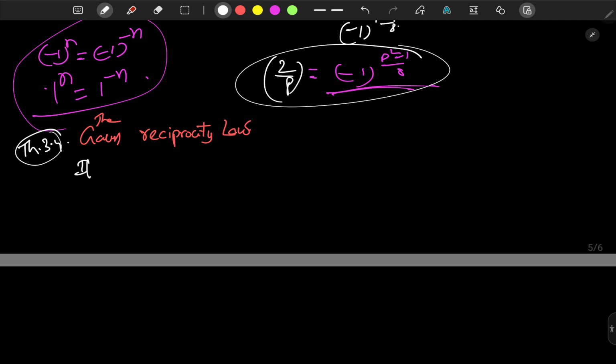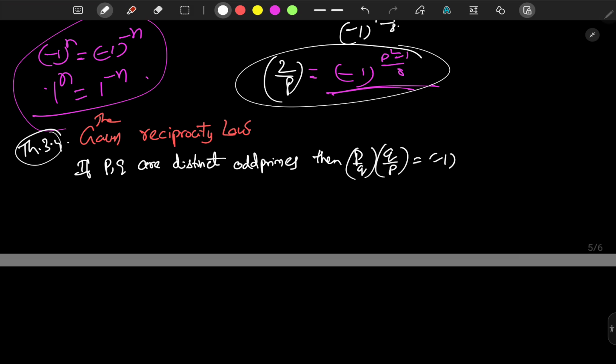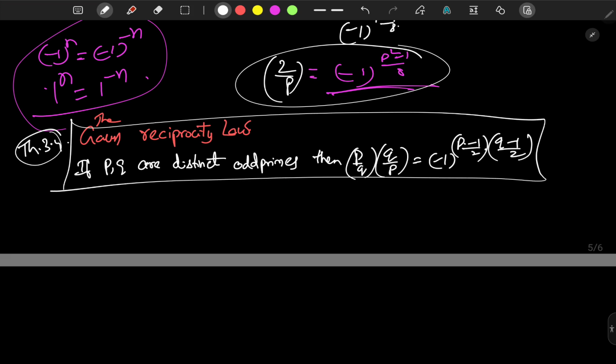If p, q are distinct odd primes, then the Legendre symbol (p/q)(q/p) equals (-1)^(((p - 1)/2)((q - 1)/2)).